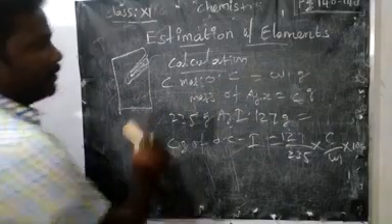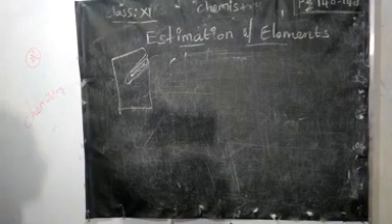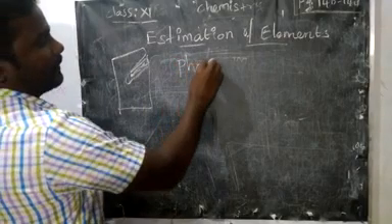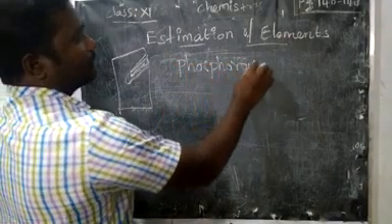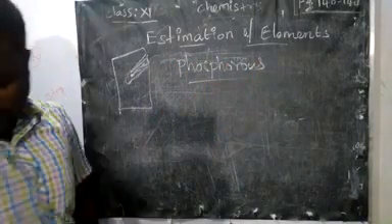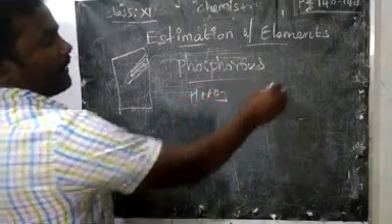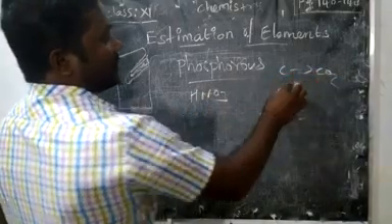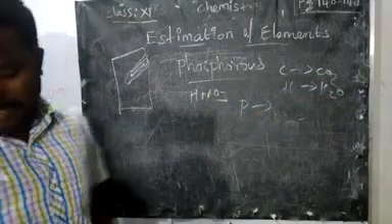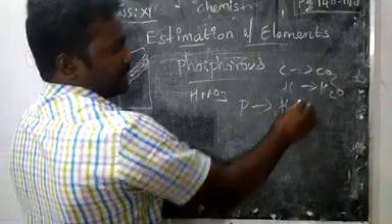At last, we are going to estimate phosphorus. Phosphorus also we are going to carry out with Carius method. So the phosphorus compound, same way we are going to add with nitric acid, HNO3. What will happen? Carbon becomes carbon dioxide, hydrogen becomes water, and phosphorus becomes phosphate compound, that is nothing but phosphoric acid, H3PO4.